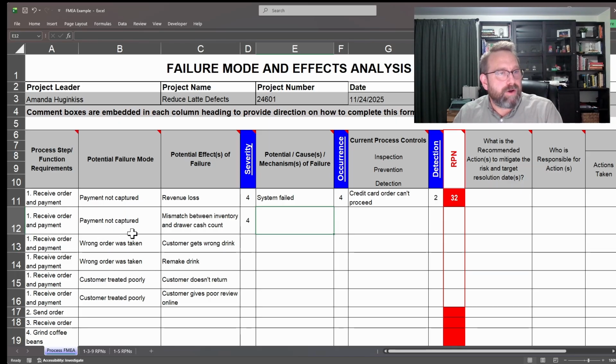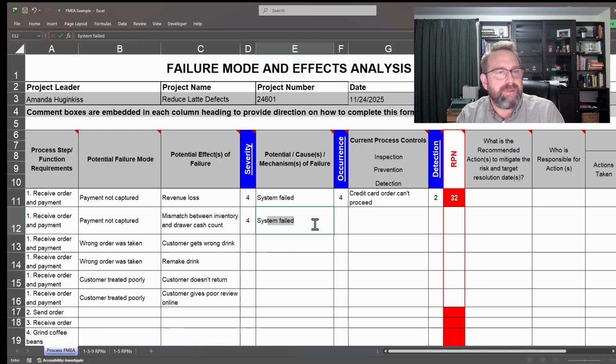So we could add a row here to capture something to that effect, but it doesn't strictly fit in here, but we don't want to lose that idea. So if there's a mismatch, what's the cause of the mismatch? Again, maybe we can say there was a miscount, but again, we can't say miscount because the payment wasn't captured.